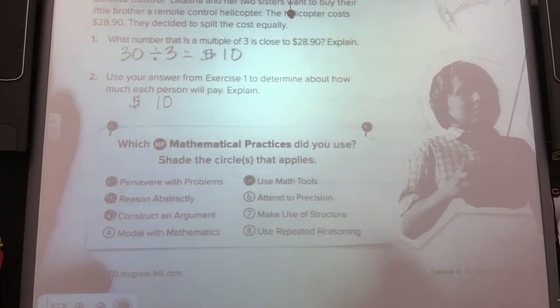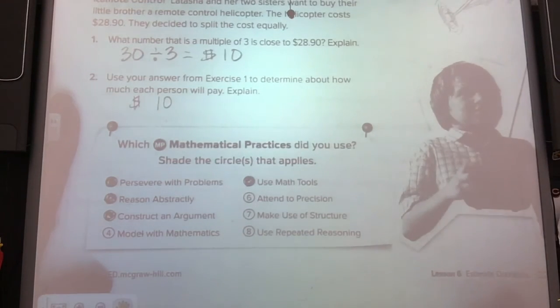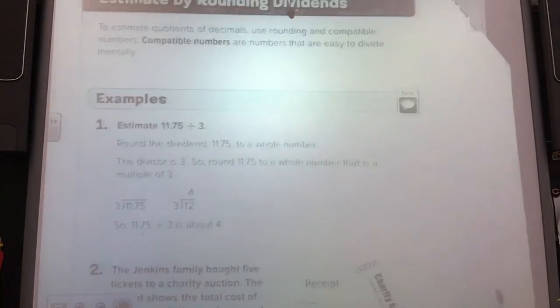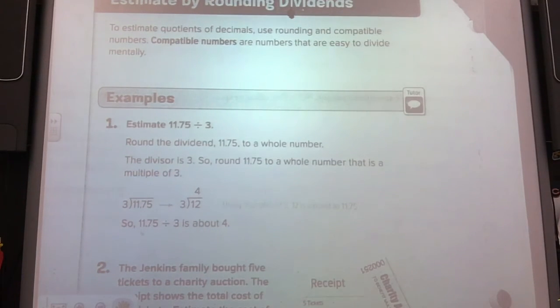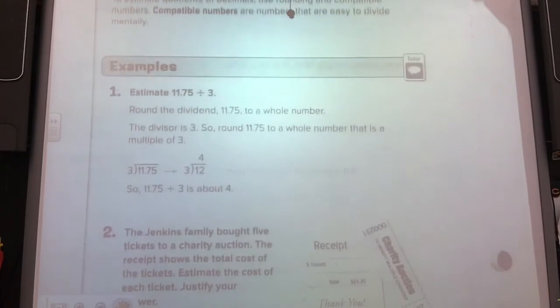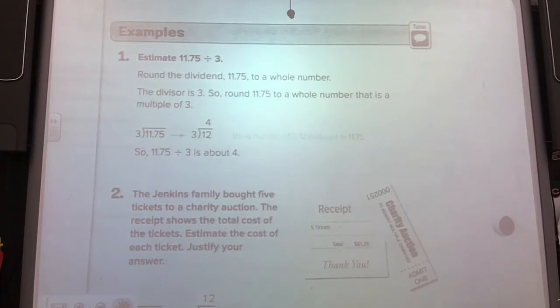All right, let's move on to page 224. Hopefully you guys are keeping up with me because we got a lot to cover and I don't want you getting behind. All right, to estimate quotients of decimals, use rounding and compatible numbers. Compatible numbers are numbers that are easy to divide mentally. All right, they're going to give us a couple examples to go through here. Estimate 11.75 divided by 3.